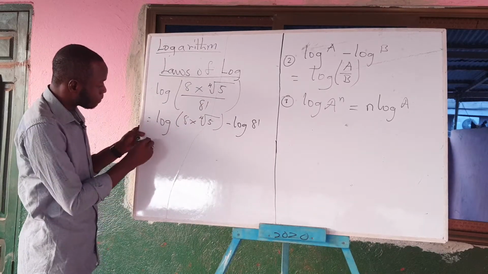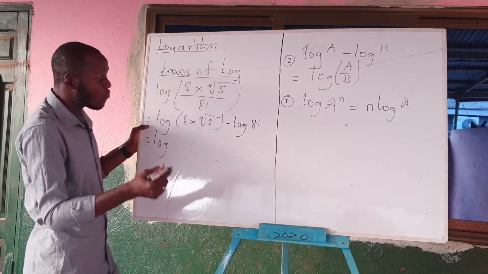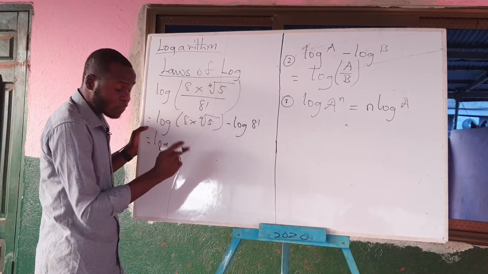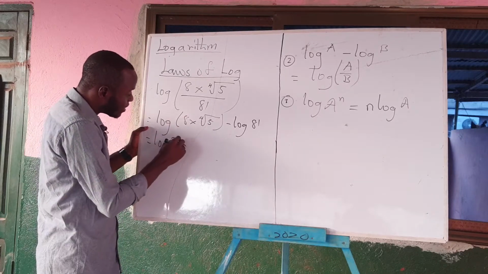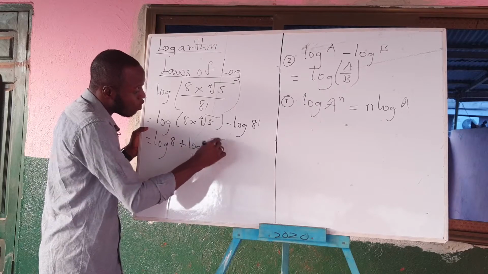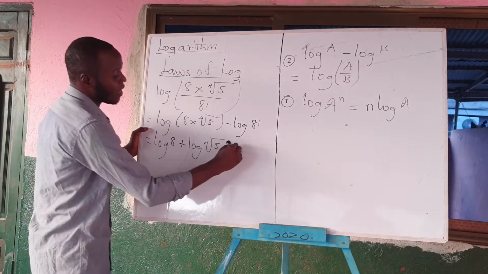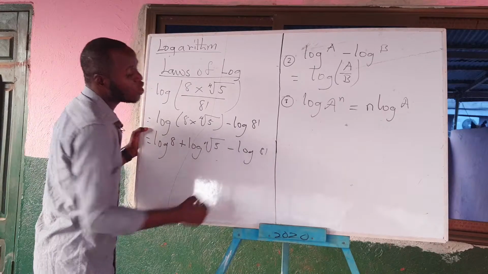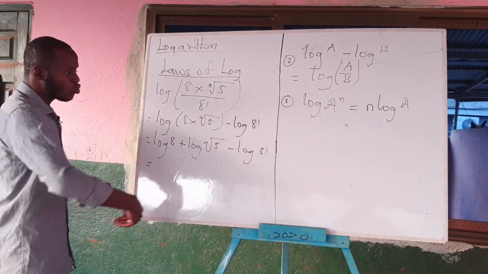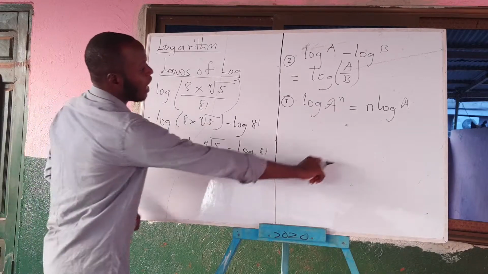Next, since 8 is multiplying the 4th root of 5, it means we have log 8 adding another log, the log of the 4th root of 5, minus log 81.